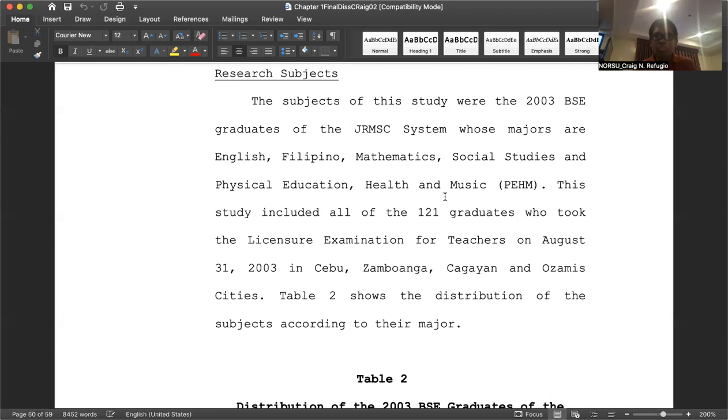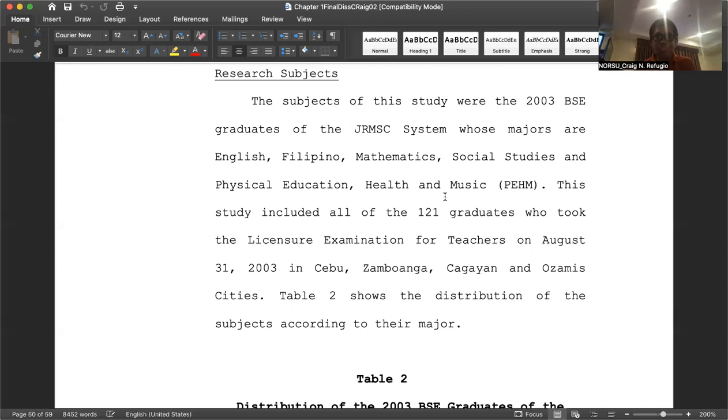Because you don't ask any response from the people involved in the study. So that's the difference. Research respondents or respondents of the study, if you administer a questionnaire and then you ask the responses of those different people who participated or who will participate in the study.